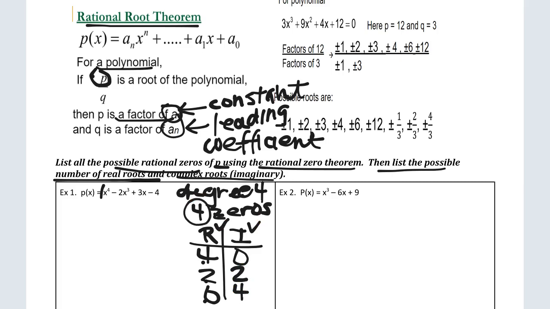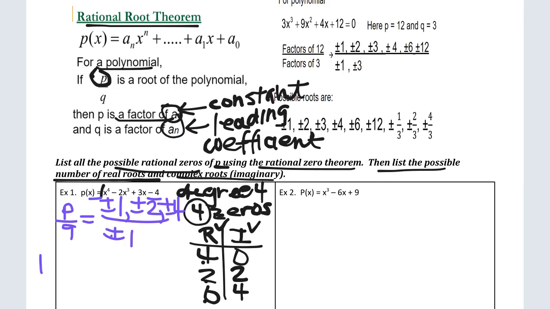So let's find the possible rational zeros. P over Q. P are the factors of 4. 1 and 4 multiply to 4, but also 2 times 2 multiplies to 4. So factors are 1, 2, and 4. Q is factors of 1, which is just 1.